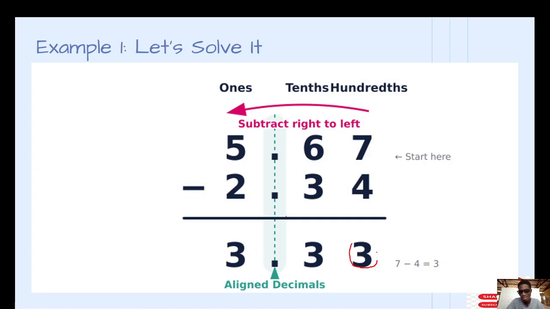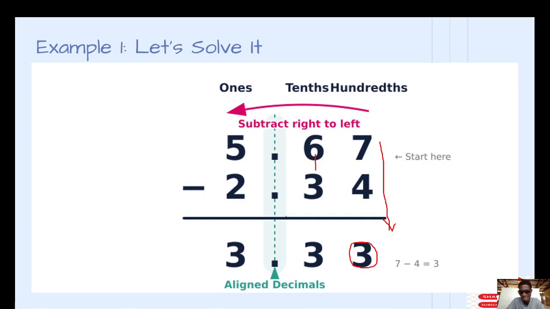And then we have 6 minus 3, which gives us what? 3. And then we also have 5 minus 2, giving us 3. Remember, the decimal point has not changed. It is still where it is, well aligned and in a vertical position. When I say vertical, it means it should be from up to down. That is the arrangement.